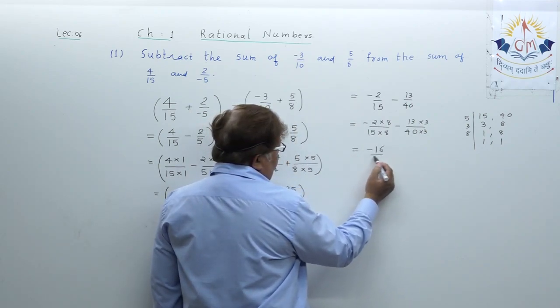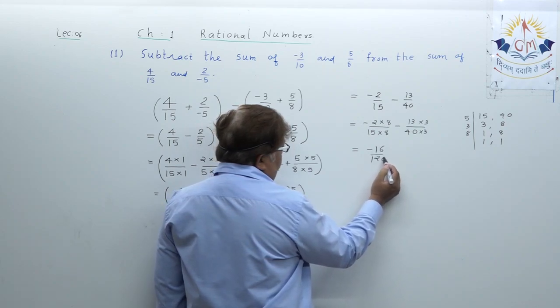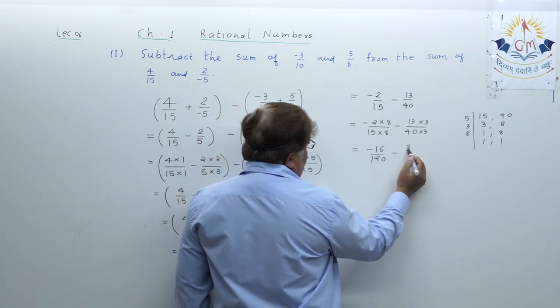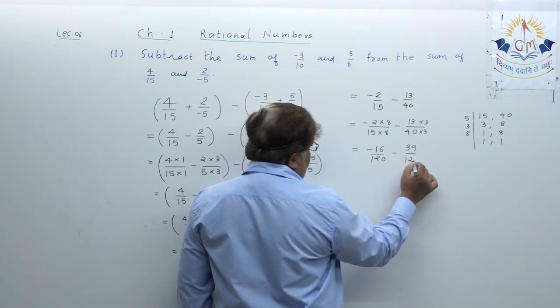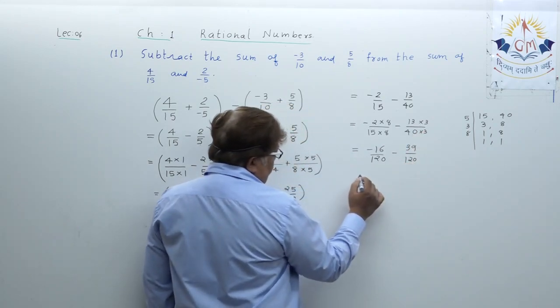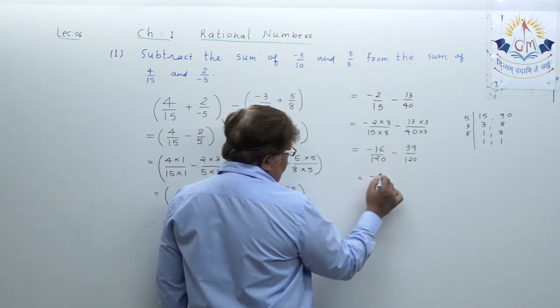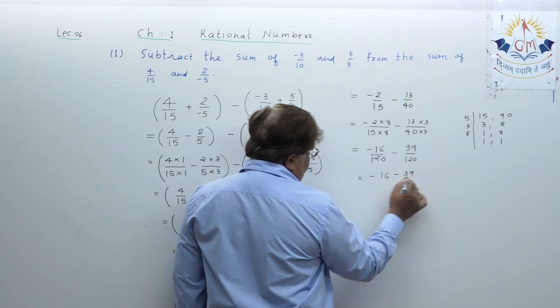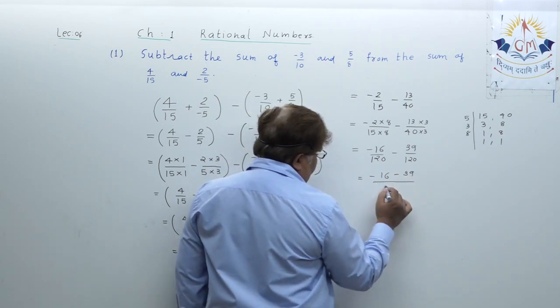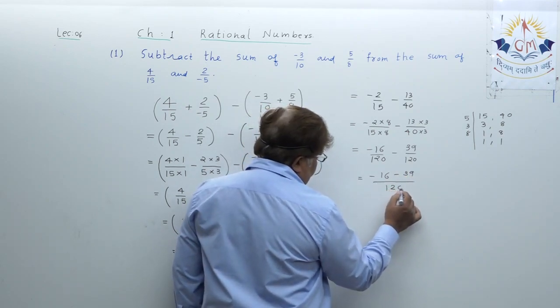Minus 16 upon 120 minus 39 upon 120, because the common denominator appears here, we can write this way.